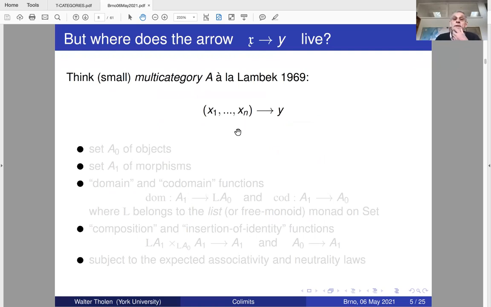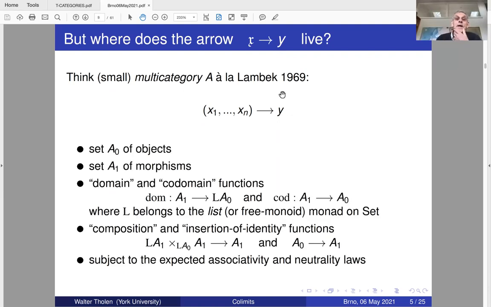For instance, think about Lambek's multi-categories, where the domains are really finite lists of objects, and the codomain is a single object. A multi-category has objects and a set of morphisms.